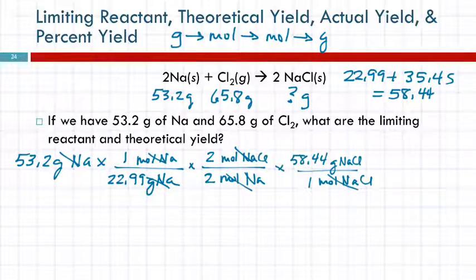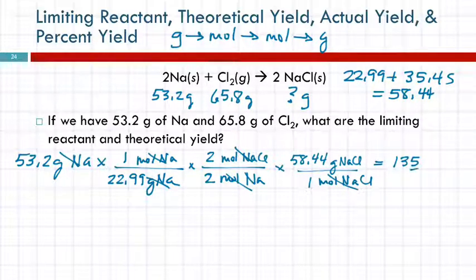So I'm going to start out with 53.2 times the top, divide by the bottom. Times the top, divide by the bottom. The 2's cancel out, but you can multiply by them and it's fine. Times the top, divide by the bottom. My answer should have 3 significant figures.